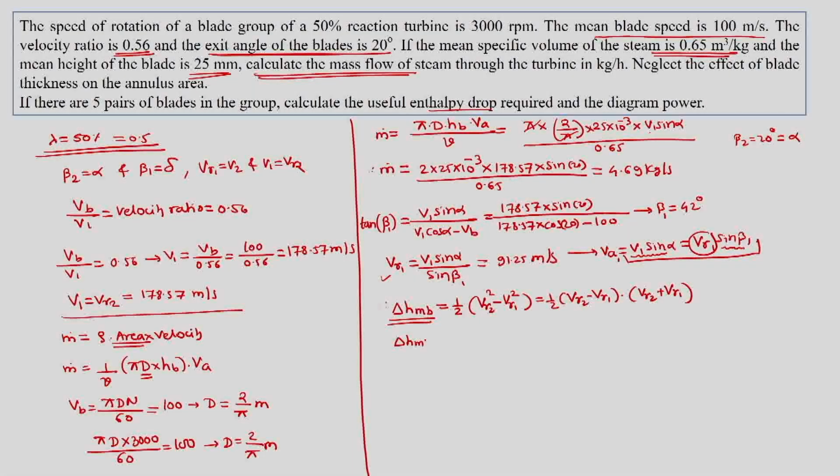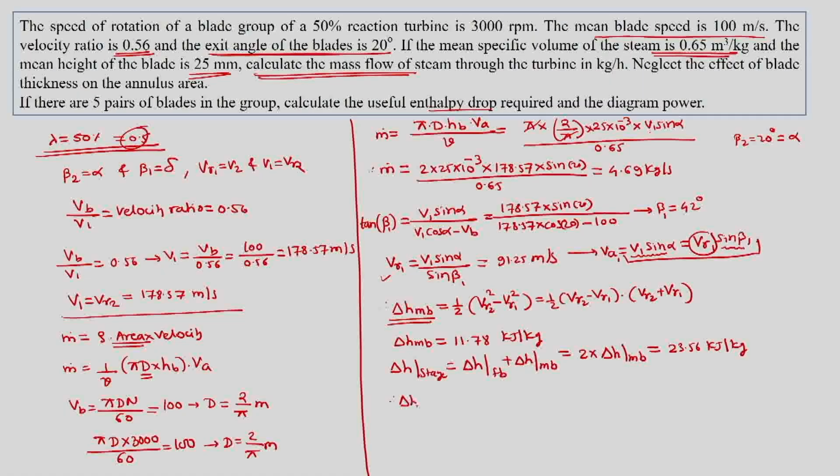So delta H moving blade is equal to 11.78 kilojoule per kg. So we have delta H complete stage is equal to delta H nozzle or fixed blade plus delta H moving blade, but we are told that it is 50% reaction, so it is 2 into delta H moving blade, so it is 23.56 kilojoule per kg.